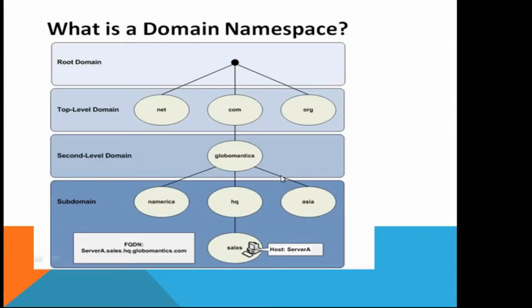Here we go. What is a domain namespace? This is the fully qualified domain name here, and at the top is the root domain. Now what is the root domain? The root domain is a period, a dot at the top level. Below the root, the top level domains are .net, .com, .org, .edu, .gov, and there are many. So you need to find out for what purpose you are using your organization.